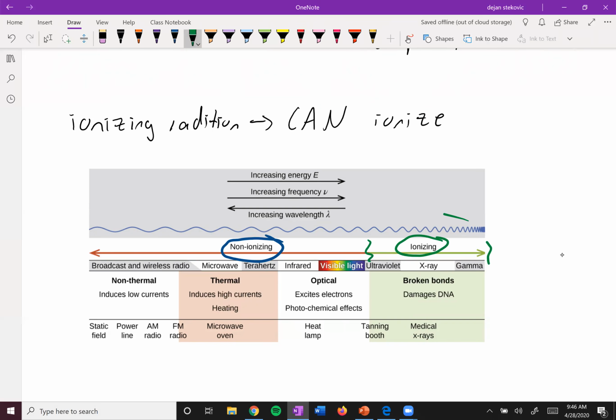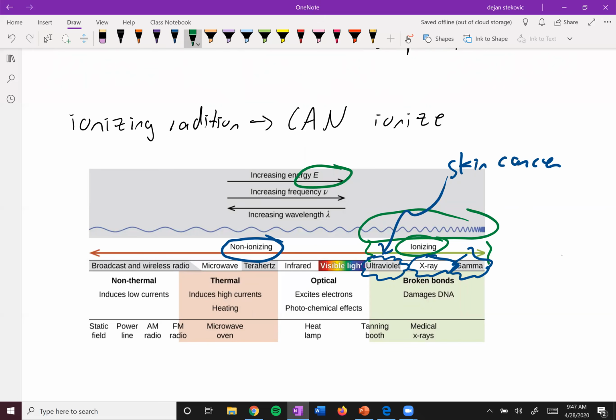So you can tell higher energy light is more ionizing. So you can tell the gamma rays from our nuclear reactions, that's ionizing. X-rays, that's why you have to have that kind of lead vest when you get your X-ray taken. And then ultraviolet rays, right, coming from the sun, that's where you have to wear sunscreen, and if you don't, you get a sunburn, and then eventually skin cancer.